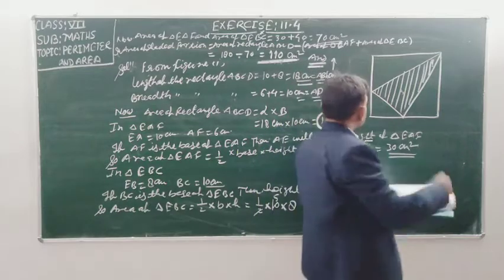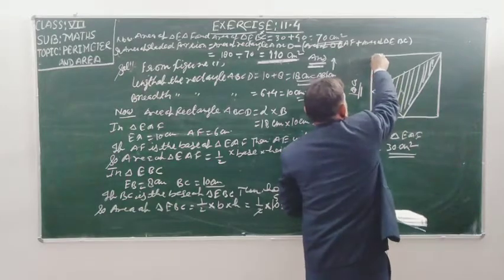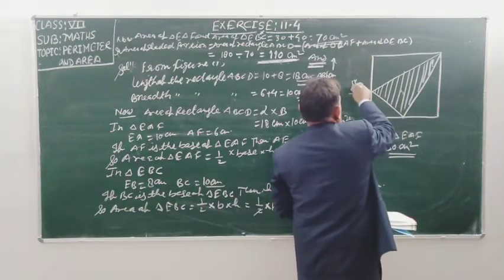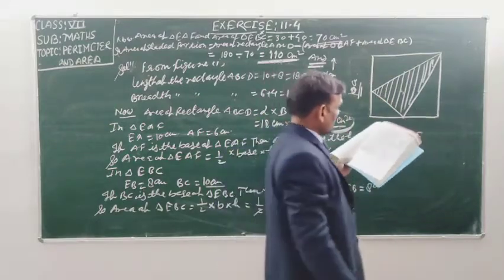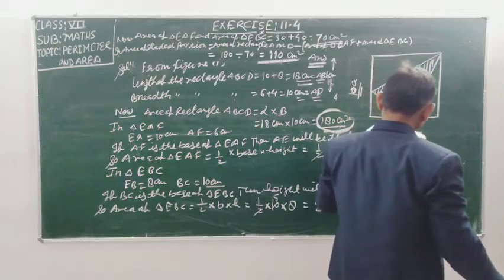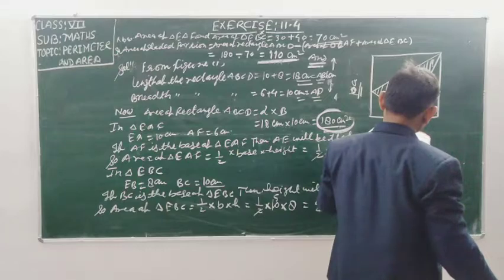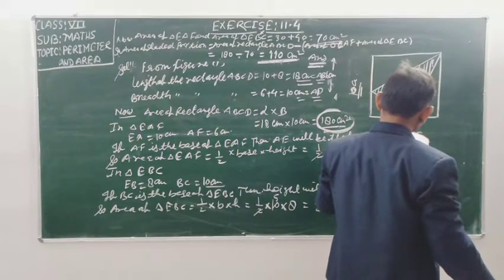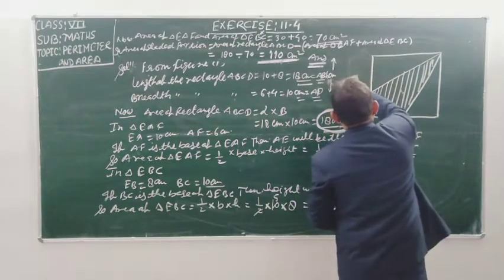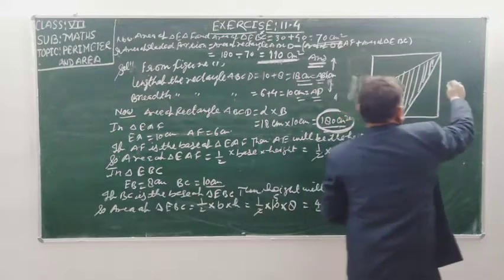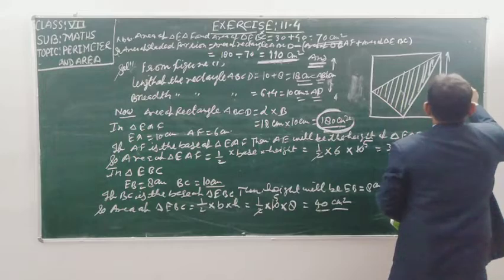So student, this is 10 centimeter. This is a square and one side of the square is 20 centimeter. It means each side will be 20 centimeter.